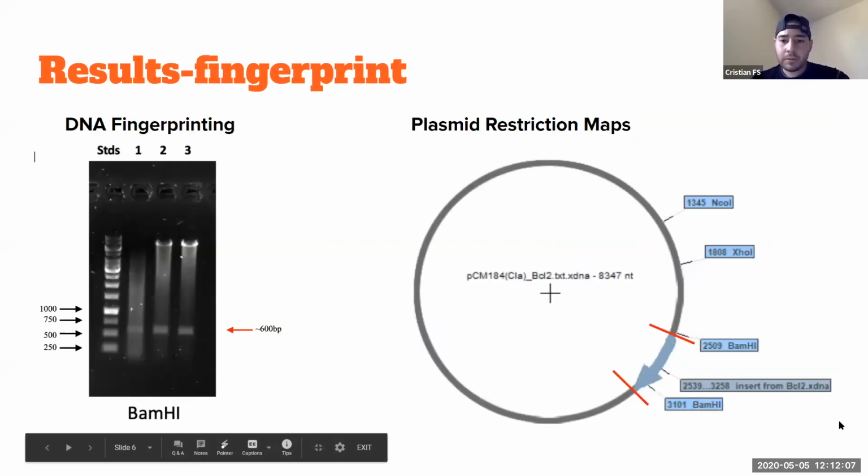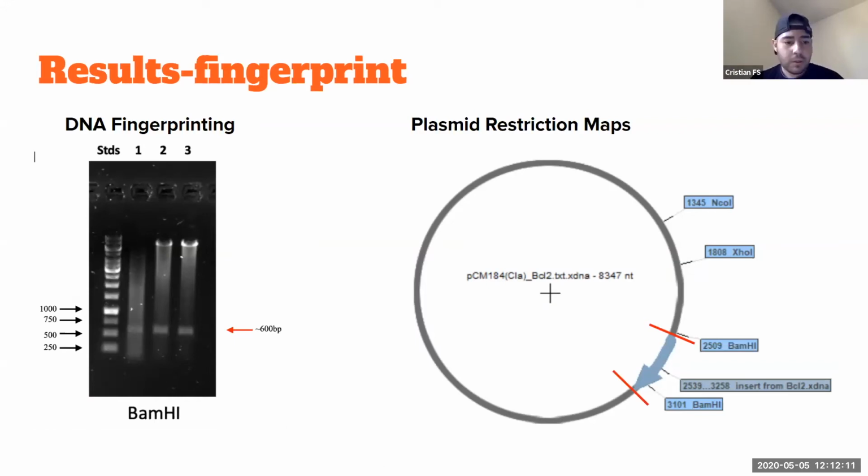Continuing with our results, we have our fingerprint data. The plasmid restriction map is on the right and the DNA fingerprinting is on the left. The restriction enzyme used was BamHI, which performed 2 cuts on the plasmid. They can be seen on the image provided.